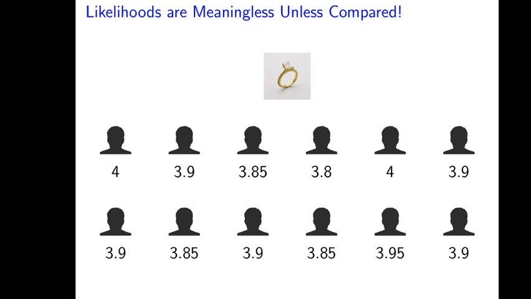Of course, as expected, the 12 weights are different from each other because each jeweler has estimated the weight of the ring according to his or her experience and hand sensitivity and so on.